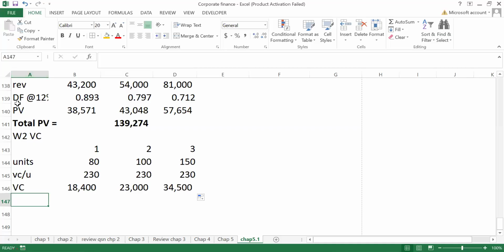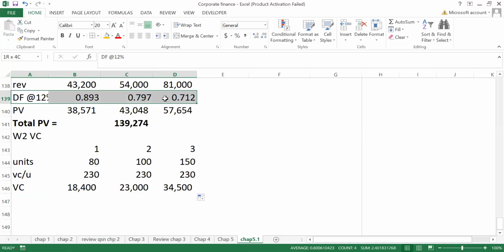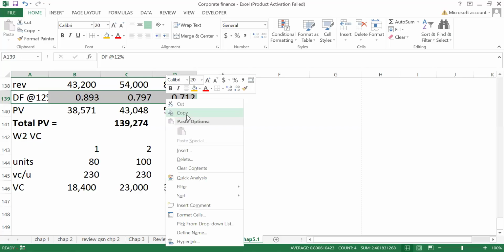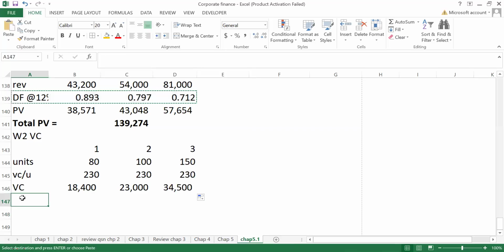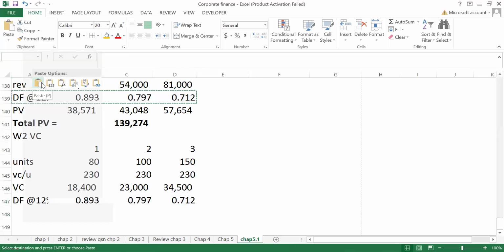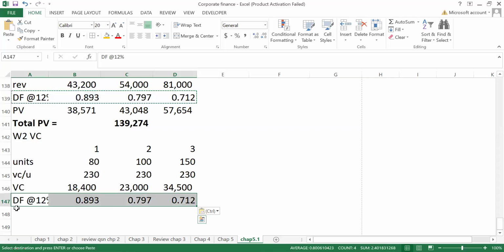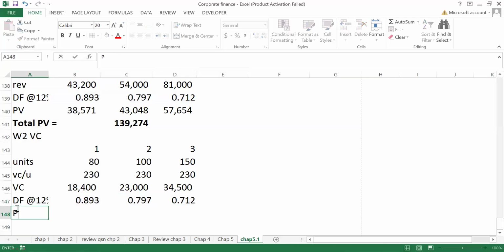I can copy this discounting factor, I also discount the variable costs. The present value of variable costs is this times this.